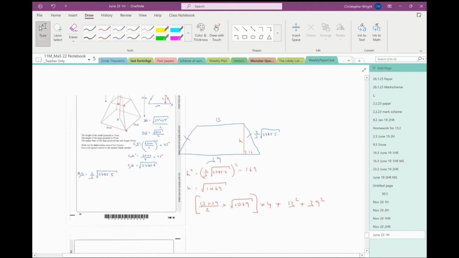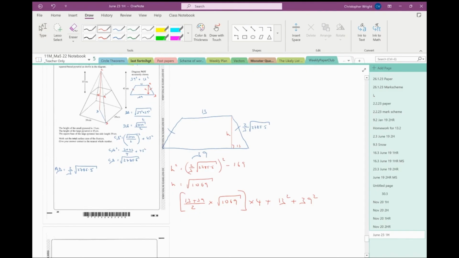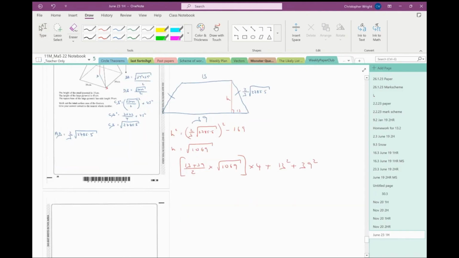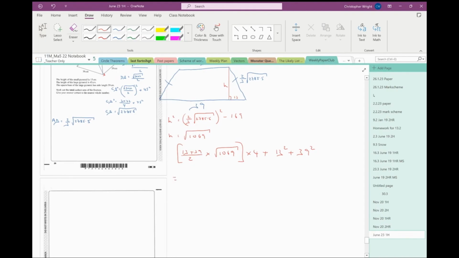So that is an expression for the surface area of the shape I was asked to find the surface area of. So a bit of calculator work, and I discover that the answer is, let's have a look, 13 plus 39, 52 divided by 2, so I get 26 times square root of 1069 times by 4, and then onto that I'm going to add 169 to add 39 squared.